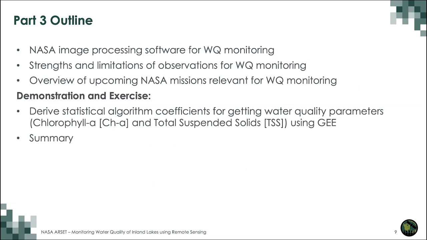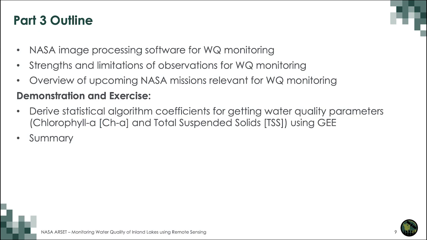And so the outline is, we'll start with a brief introduction to NASA image processing software for water quality monitoring. We'll go over strengths and limitations of observations for water quality monitoring, both in situ and satellite, and we'll have an overview of upcoming NASA missions.